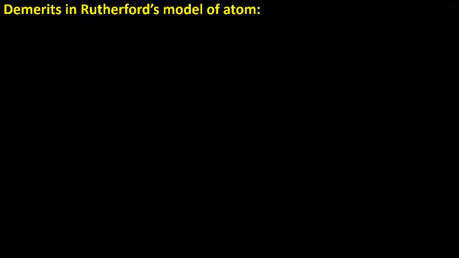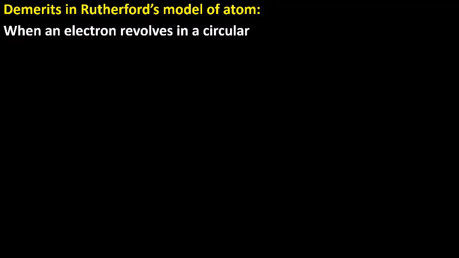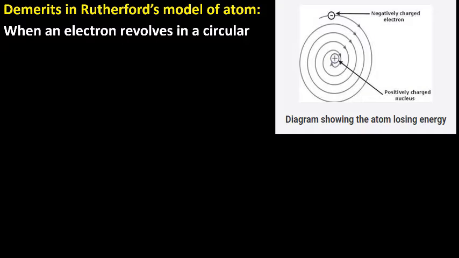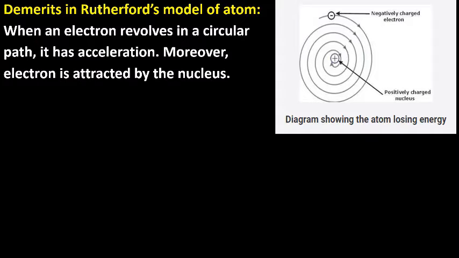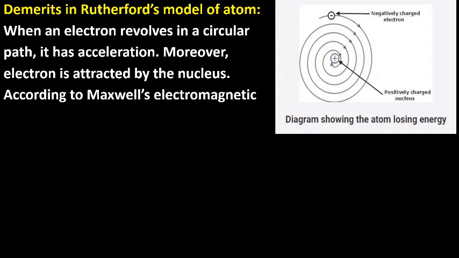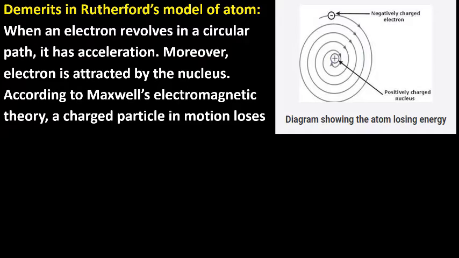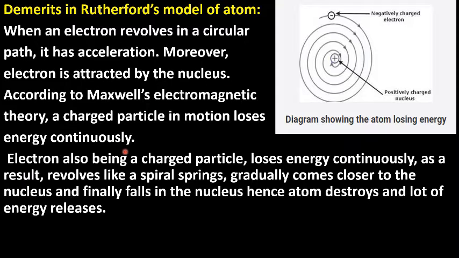Now let us recapitulate the demerits in Rutherford's model of atom. When an electron revolves in a circular path as shown in the figure, it has acceleration. Moreover, electron is attracted by the nucleus. According to Maxwell's electromagnetic theory, a charged particle in motion loses energy continuously.